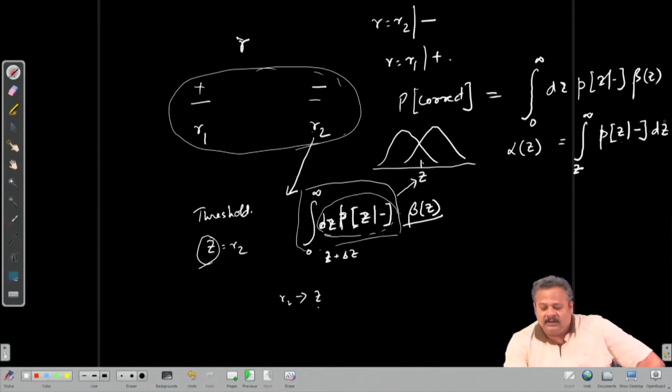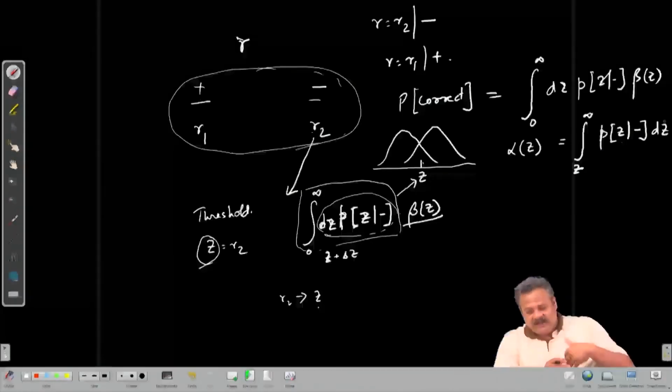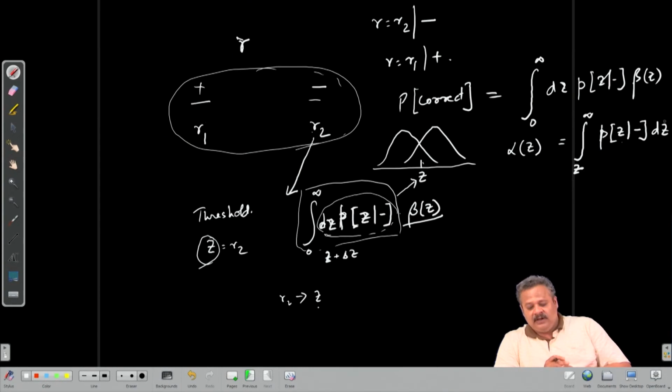The integral of the same thing over z to infinity is for z larger than this threshold value. I am sorry, this should be rate. In this case, we have the rate given minus dr, and the rate is varying from z to infinity. That means our decision is plus stimulus.